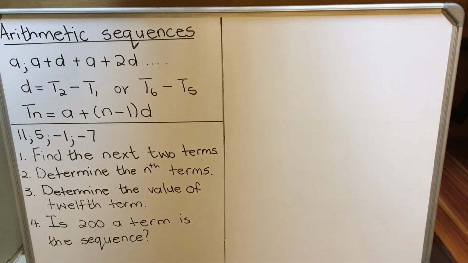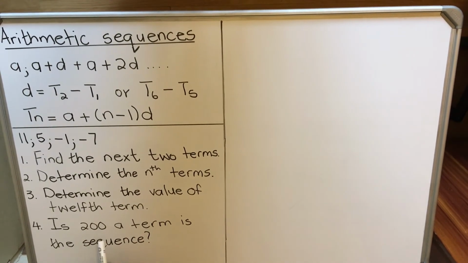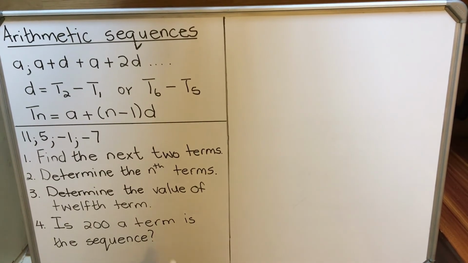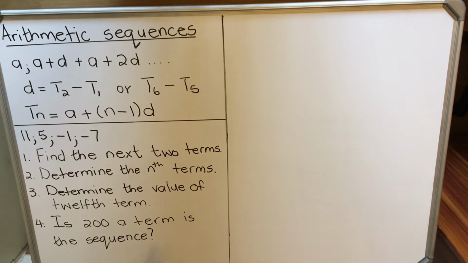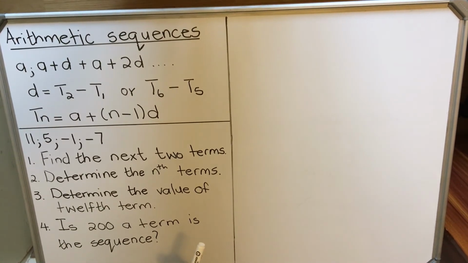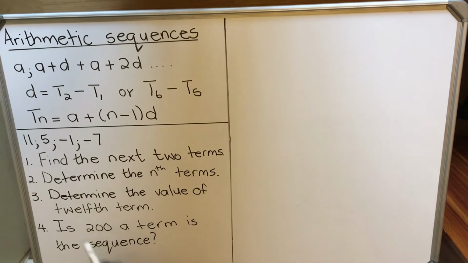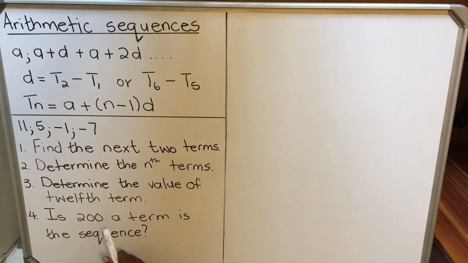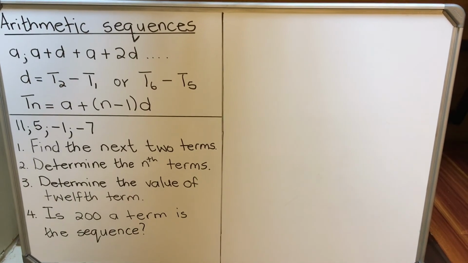It's a position. So when they're asking you if a term is in the sequence, you have to calculate for n, and your n should be a positive integer. If it's a fraction, it means that number is not a term. If it's negative, it means that number is not a term in that particular sequence.